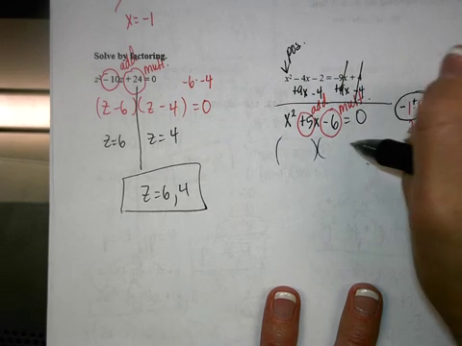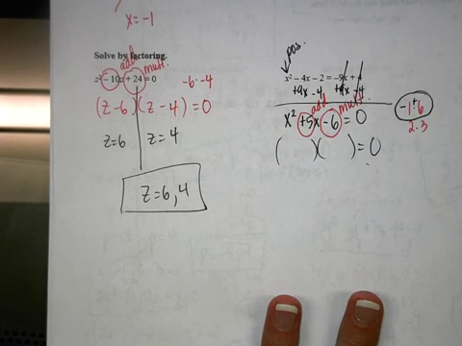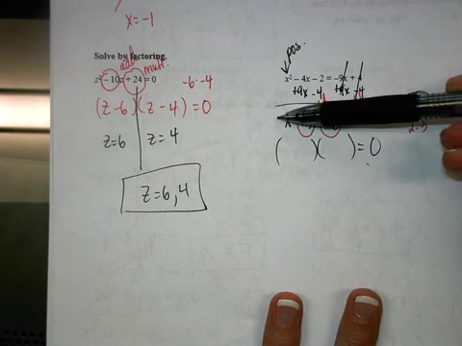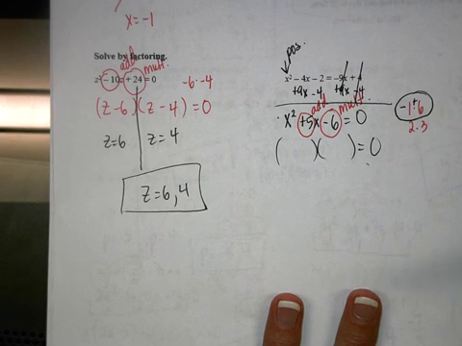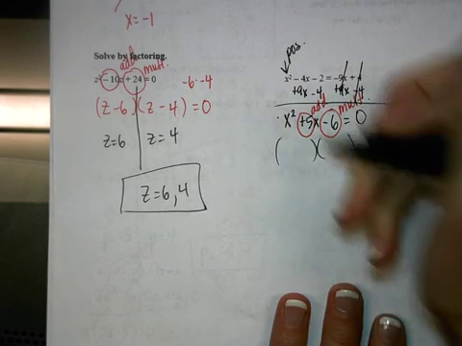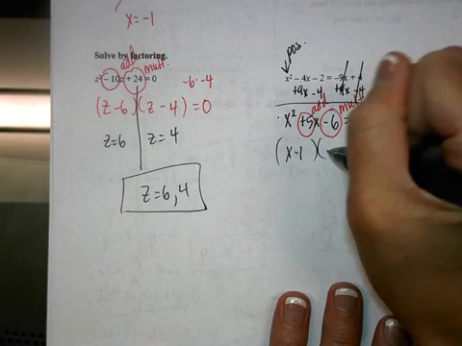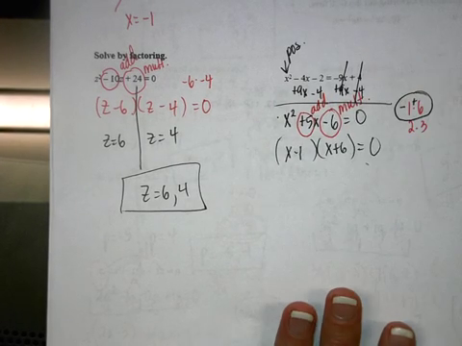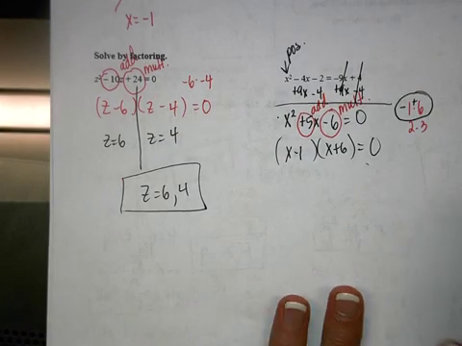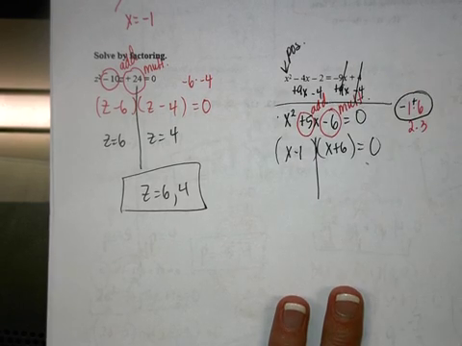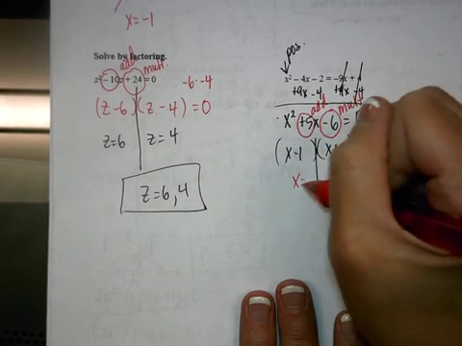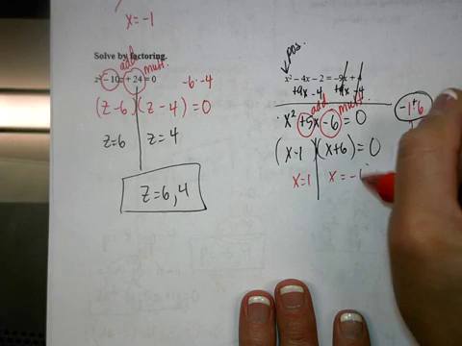How do I know I can use my shortcut? Good. There isn't an a value there, or the a value is 1. And so we get x minus 1 and x plus 6. When I set those equal to 0, what does x equal? Positive 1 and -6.